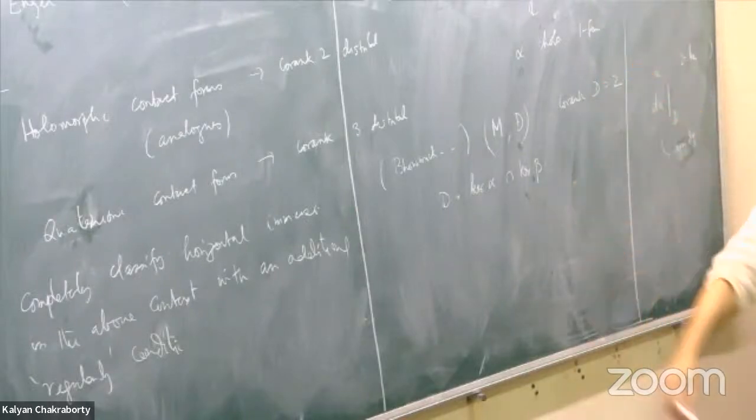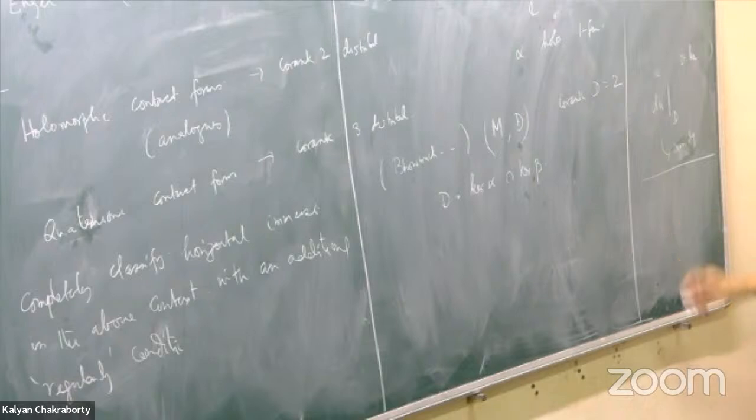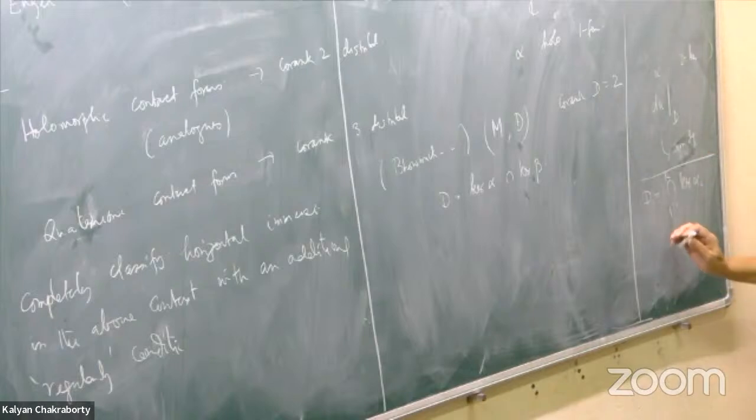So there is a class of distributions which are called strongly bracket generating. They are defined by, there is a restriction on K, we'll come to that later.